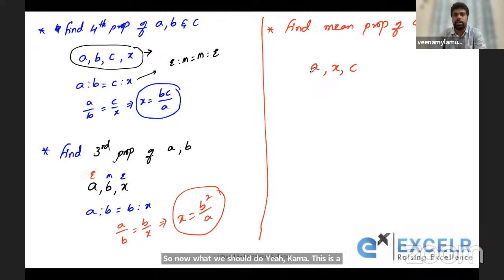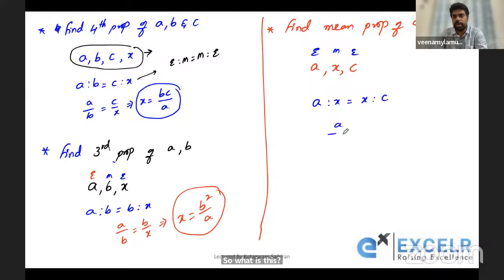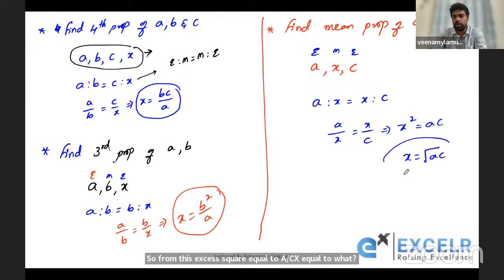So I am taking it in the middle. This is extreme, this is mean, this is extreme. So A is to X is equal to X is to C. So A by X is equal to X by C. From this X square equals AC, so X equals root AC. That's it. This is the mean proportion.